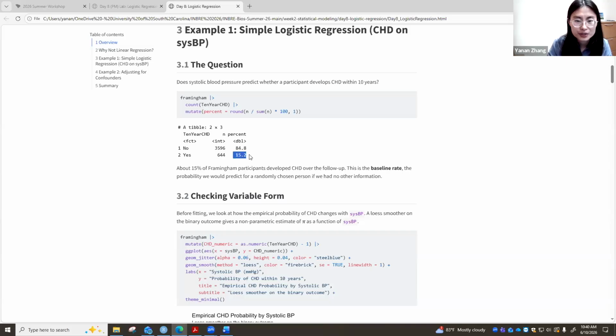So this 15% actually is the overall estimate for the probability of developing heart disease, or we can call it a baseline rate. Suppose anybody from this Framingham data study were picked up, right?